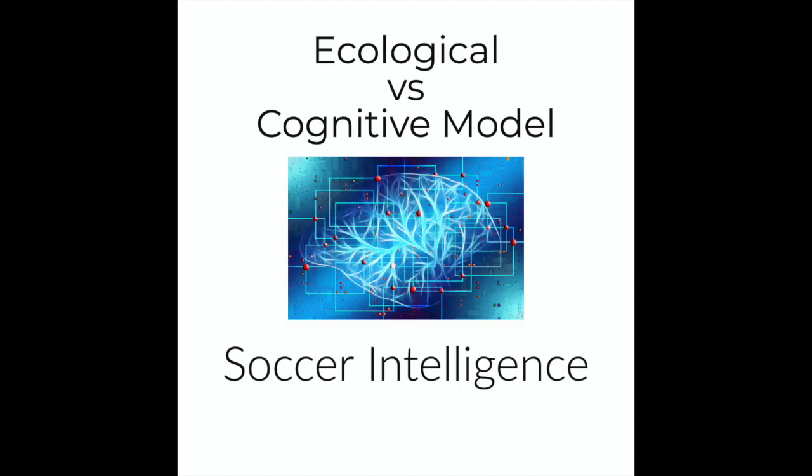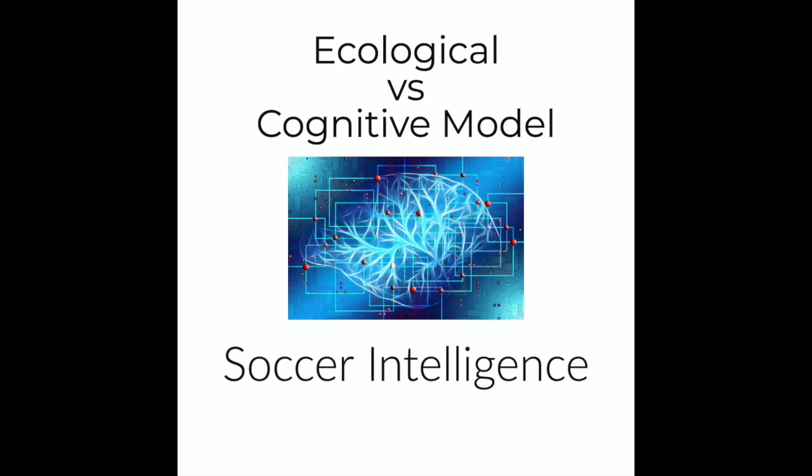I use two theories. One is an ecological dynamics theory, and the other is a cognitive processing model. I find value in both, but I lean towards an ecological theory. Ecological is a dynamic theory that's based upon psychology and how the world works. And I'll give you an example.